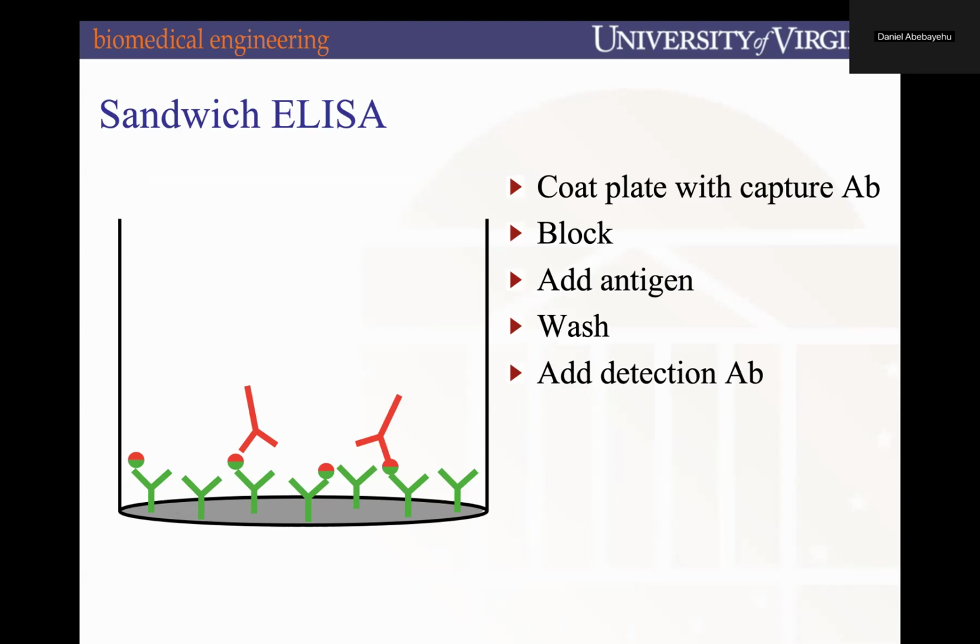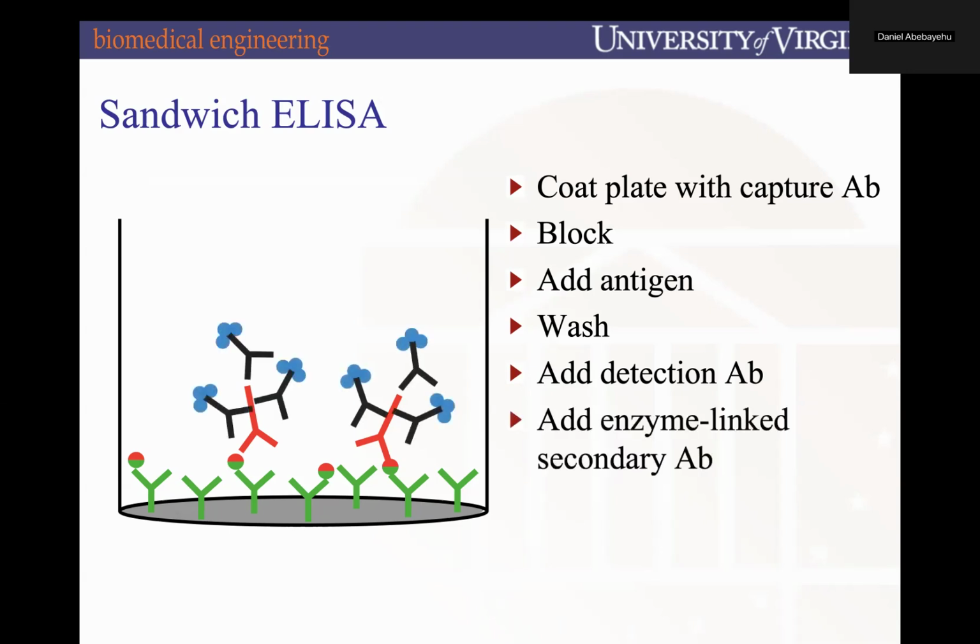And so we leverage that really strong affinity to do either sandwich ELISAs or lots of other scientific research approaches. But usually that detection antibody will have biotin on it, and then you'll incubate with, instead of an enzyme linked secondary antibody, we'll say this is avidin with an enzyme on it.